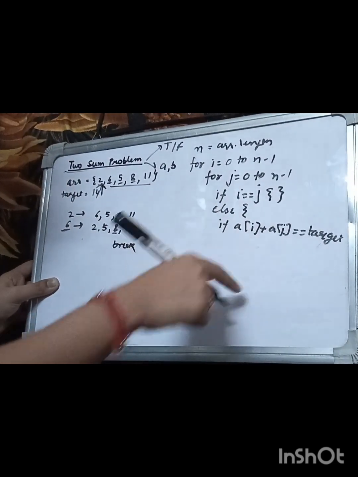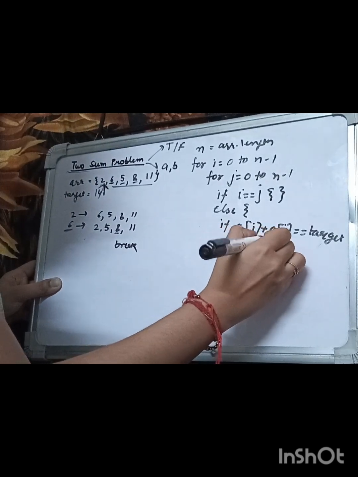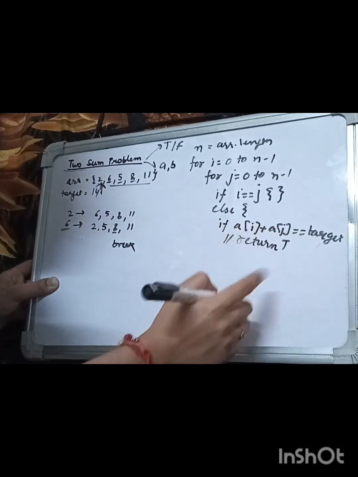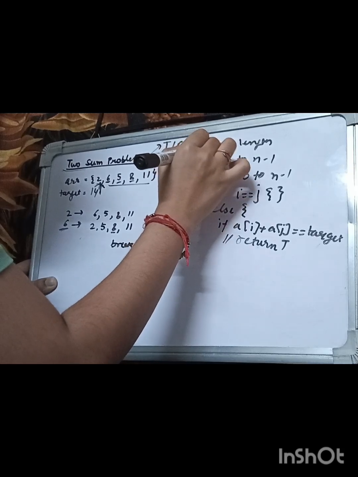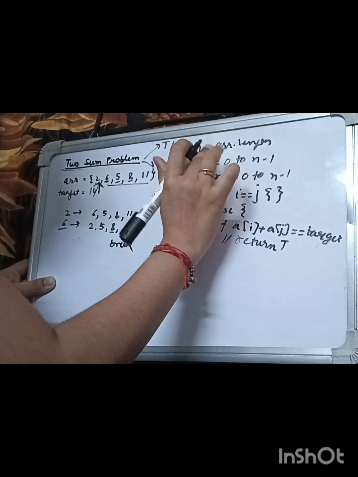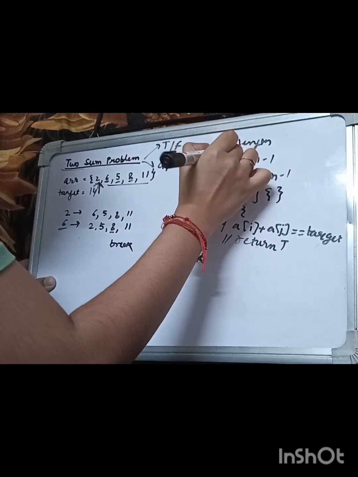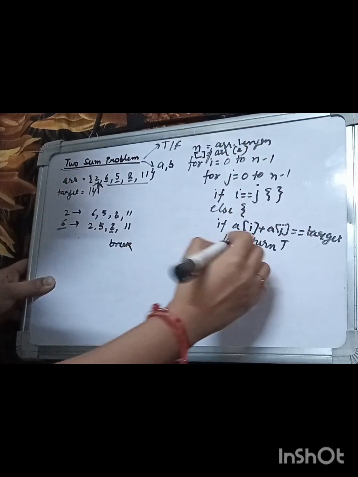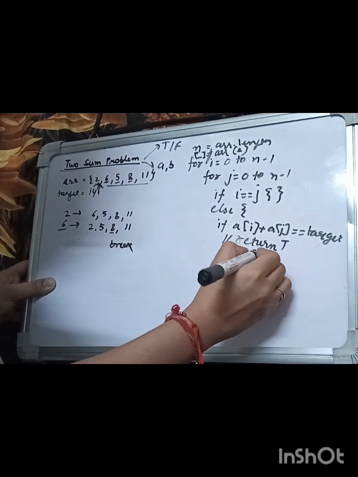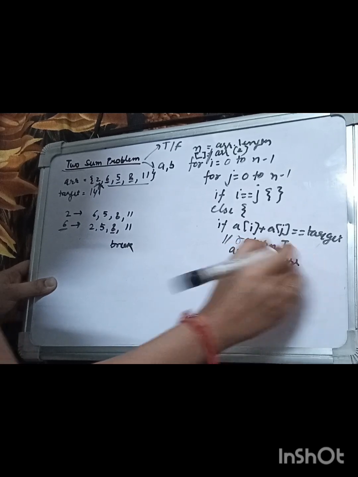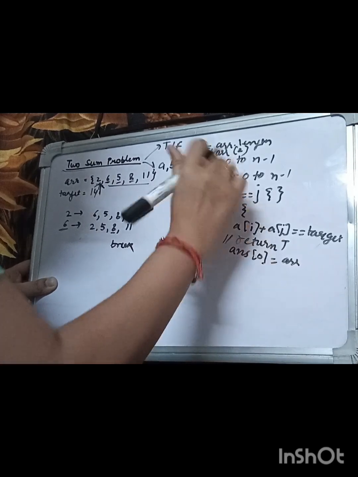I can say here return true. And for the second variant, I will take a list, or you can take an array of size 2, and you will say answer of 0 is equal to array of i.